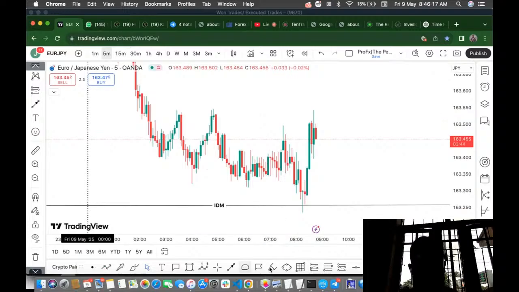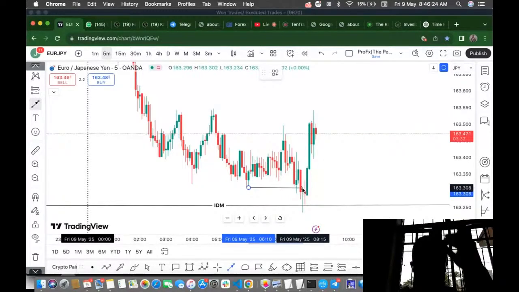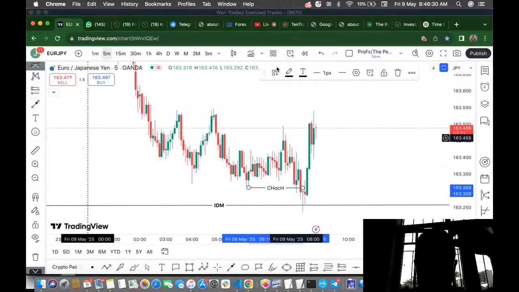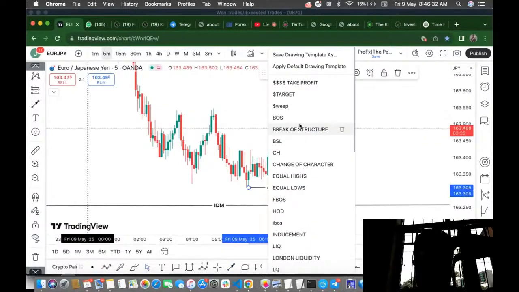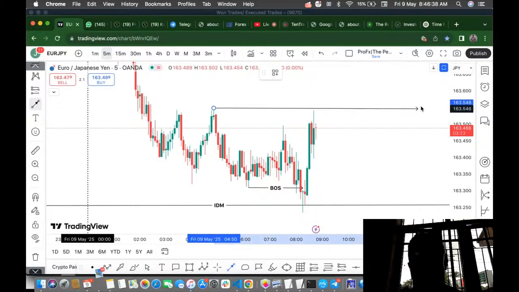So as far as this trend is concerned, this is the break of structure on 5 minutes, right? So for a conservative buy, there should be a change of character. For a conservative buy, it should be a what? A change of character.